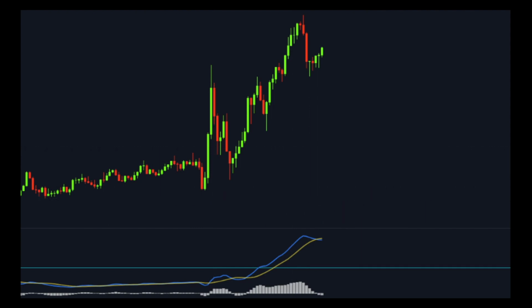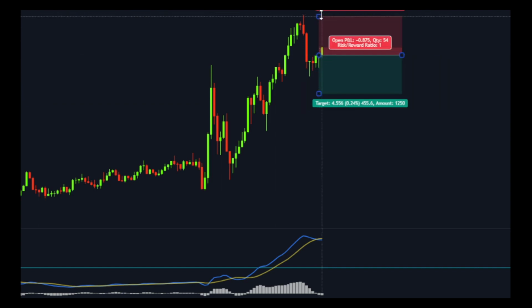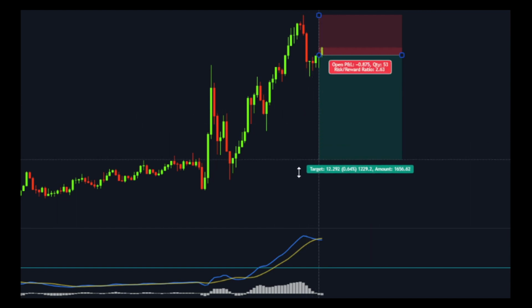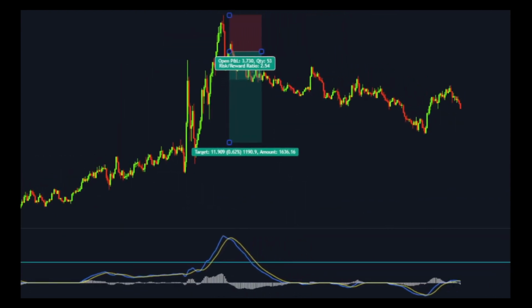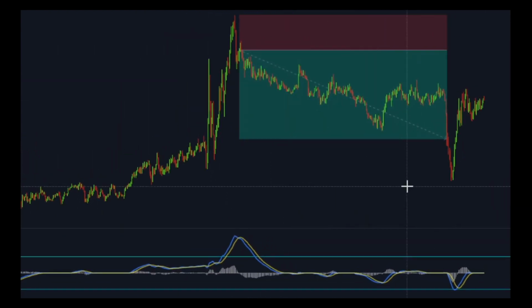This means that there is a high possibility of a reversal on the chart, so we are going to take a short trade. We set our stop loss at the nearest swing high, and our take profit with a risk-reward ratio of 1 to 2.5. We see that it was a winning trade.